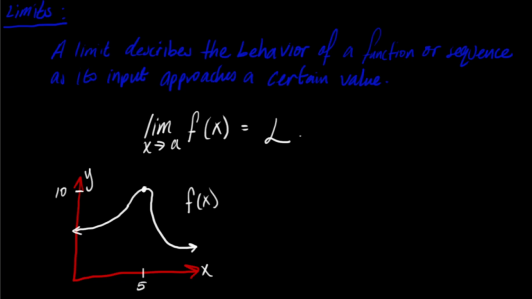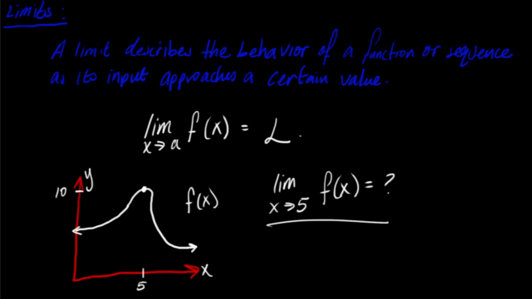So now, let's try to solve this out. The limit as x approaches 5 of f of x is equal to what? So now, take a moment for yourself and try to solve this out and see if you can get it on the first try before me explaining everything.